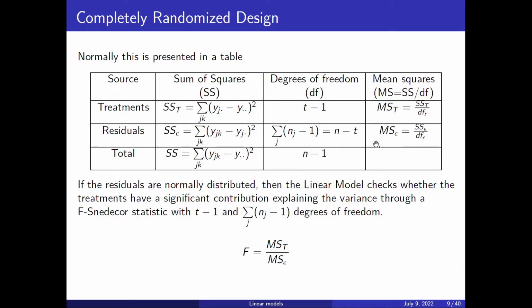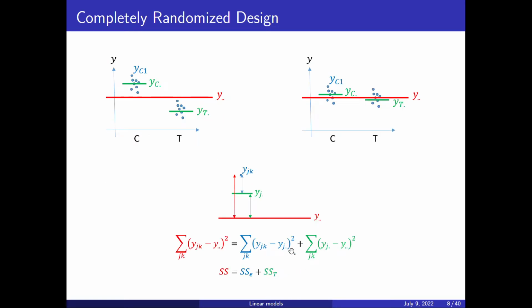Now I have to compare these two terms, but it is not a fair comparison. We have used 998 parameters to calculate this sum of squares, while we have used only one parameter to account for all this variation.